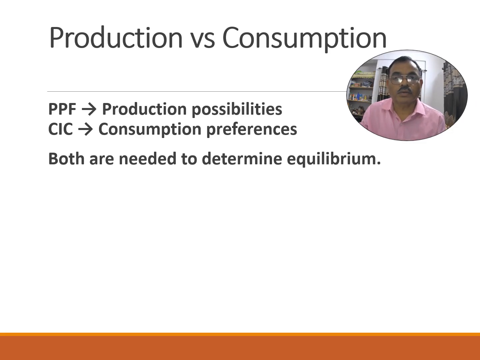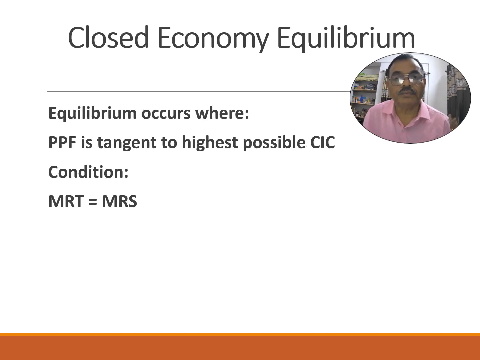So, where does this happen? The answer lies in the tangency condition. In a closed economy, equilibrium occurs at the point where the production possibility frontier, that is PPF, is tangent to the highest attainable community indifference curve.